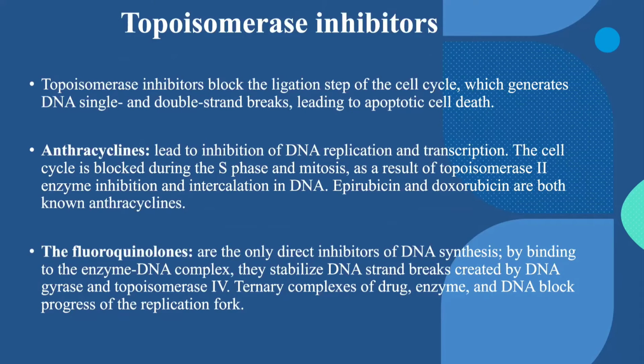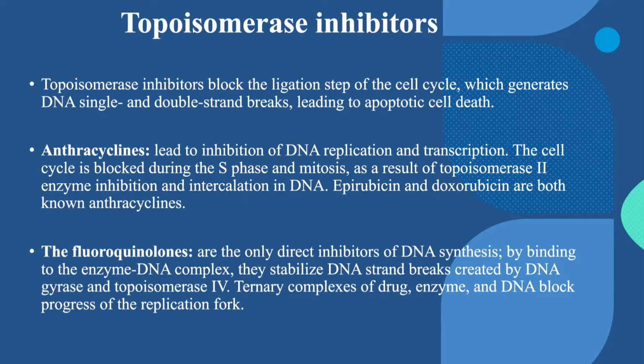Next one is the topoisomerase inhibitors. These topoisomerase inhibitors block the ligation step of the cell cycle. We know that topoisomerases are also important enzymes which act in DNA replication. So if these topoisomerase enzymes are inhibited, it will also affect normal DNA replication.